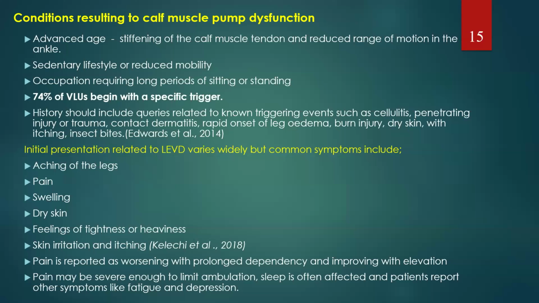Maybe some will tell you that I had a burn injury. Some will tell you that I had a bit of itching and I scratched my leg. So they'll give you a history of triggers. Somebody can stay with this disease for many months without actually knowing that they have it, or even years. But one trigger will actually manifest very big ulcers.